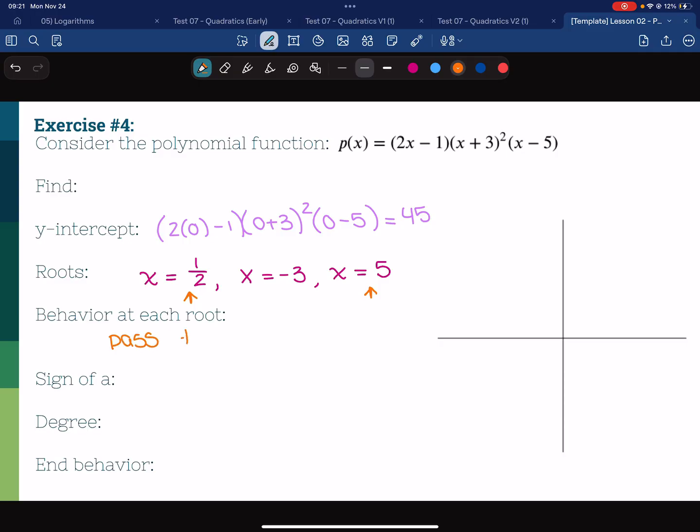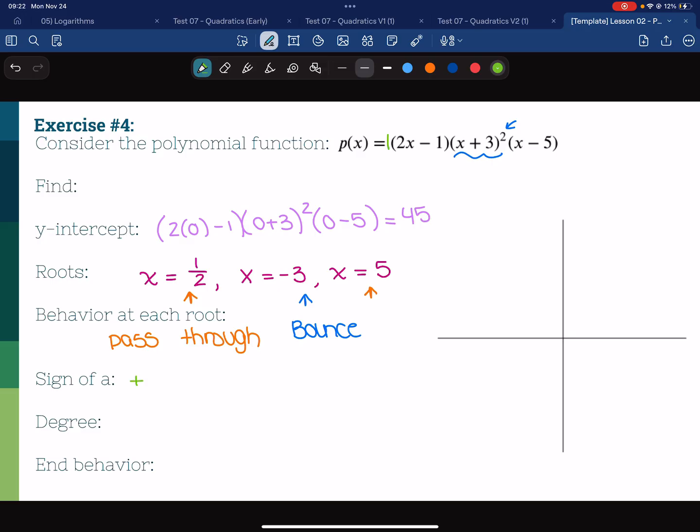They only have a multiplicity of 1 in that case, but we know that x plus 3 squared is my multiplicity of 2, so we'll see a bounce at that negative 3. My sign of a, back to the OG, in the beginning we got that positive 1.